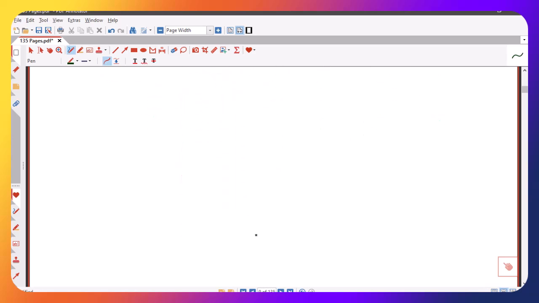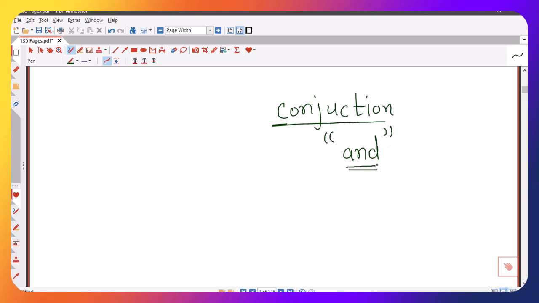Another logical operator or connective is the conjunction, and conjunction simply means and. We use this and operator in general language also, so it is the same as conjunction in the language of logic.